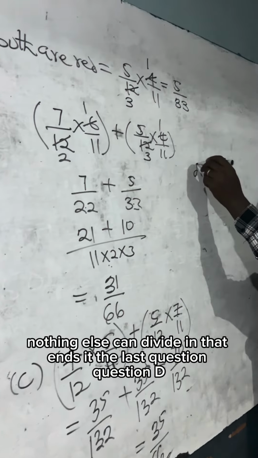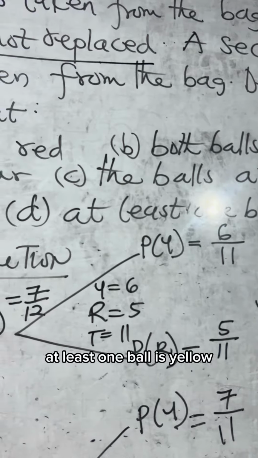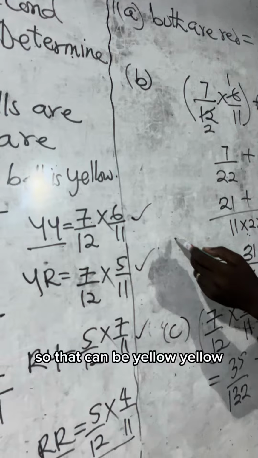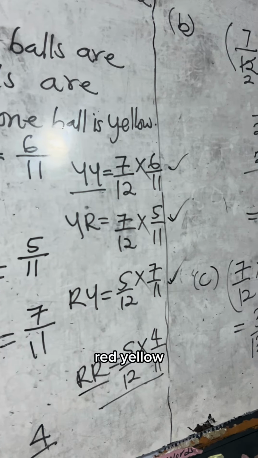The last question, question D: at least one ball is yellow. So that can be yellow yellow, yellow red, red yellow.